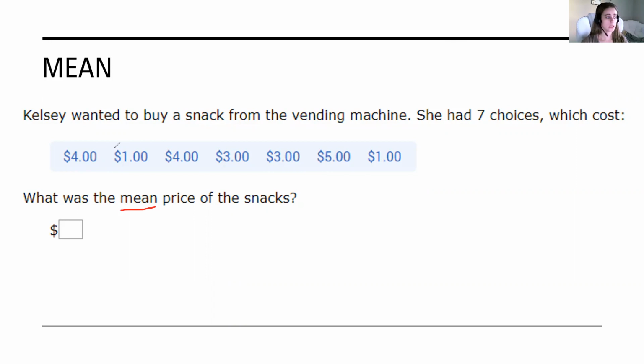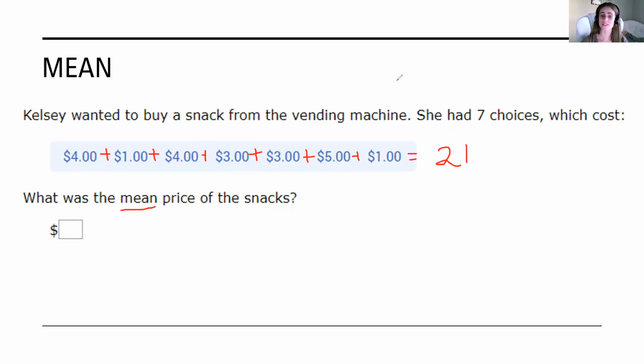To find mean, to find the average, our first step is to add up every number in our data set to find the sum. When we add all of that up, we get $27. Oh, sorry, not $27. We get $21.